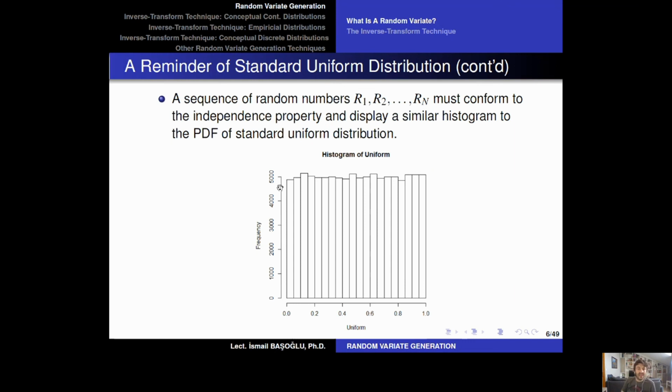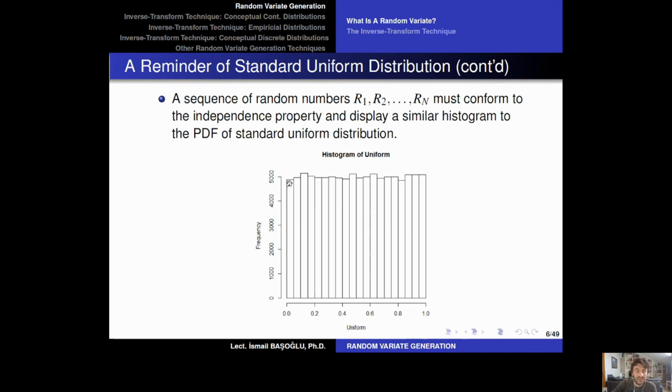And what we expect from a random number sequence, as we have said, is that it must conform to the independence property and the uniformity property. So how do we check if they conform to the uniformity property? The simplest way is to draw a histogram. If you have a sufficiently long sequence of random numbers, you can divide the unit interval into equidistant subintervals and count the observed frequencies in each subinterval.